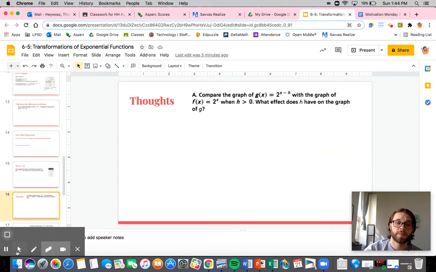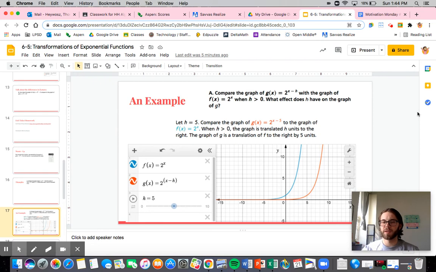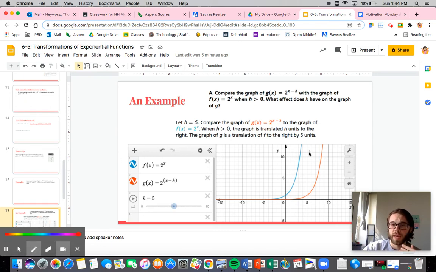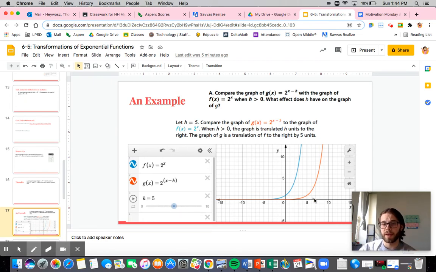If you take a look, this one is a little bit harder to work with just because of the visual, but I will say it is relatively easily seen. Here's your 2 to the x, and if I do minus 5, it's going to go to the right 5. Essentially, I took that y-intercept and moved it over 5. So that's how you could figure it out.